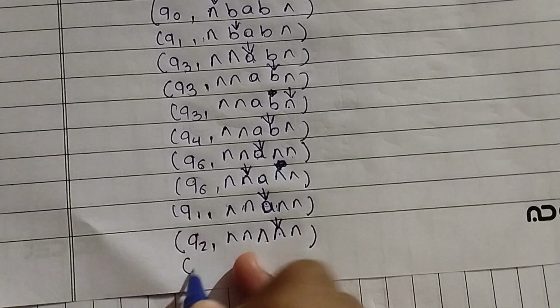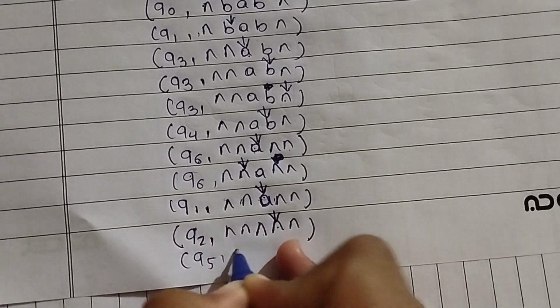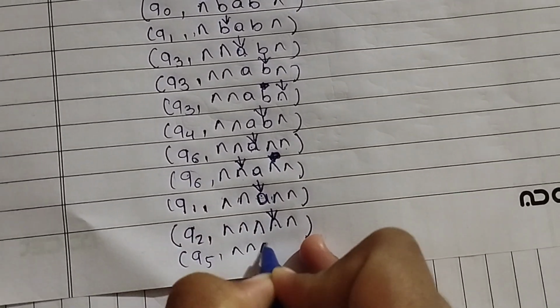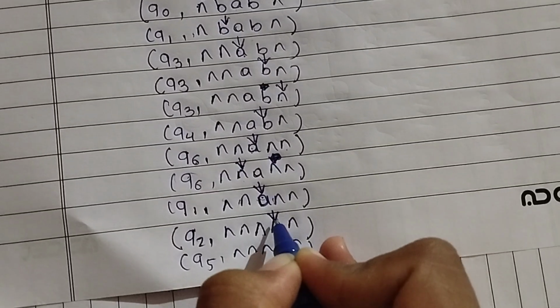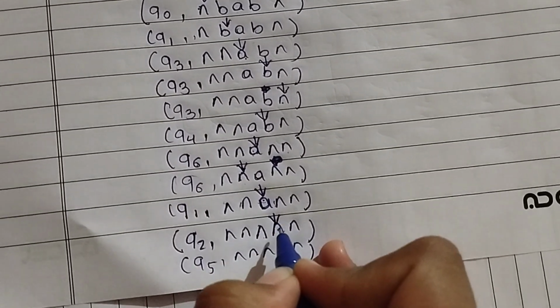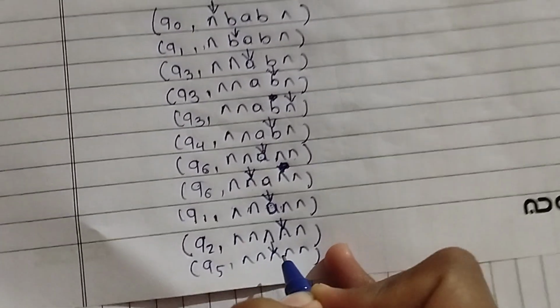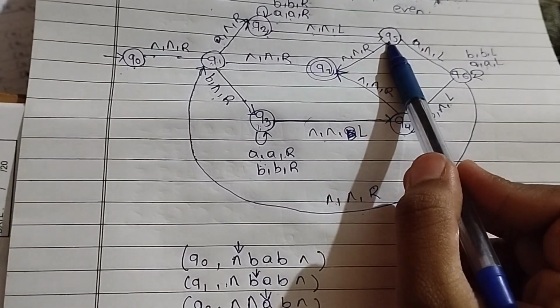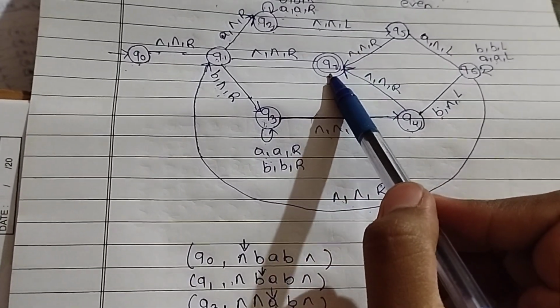In Q5 state we are now. So Q5 and null, null, null, null, null, and after reading null, we reach this null. So again we read the null value, and now if you read the null value, then transfer to the Q7 state, which is the final state.